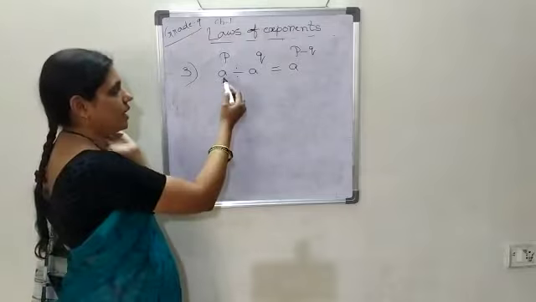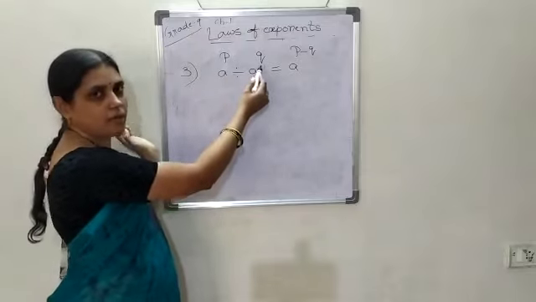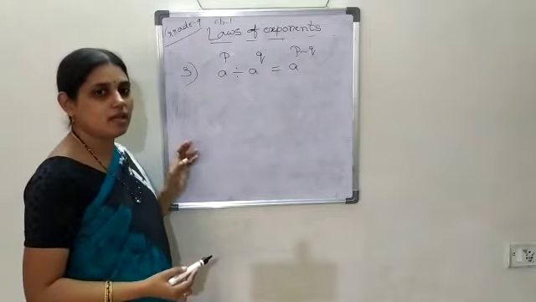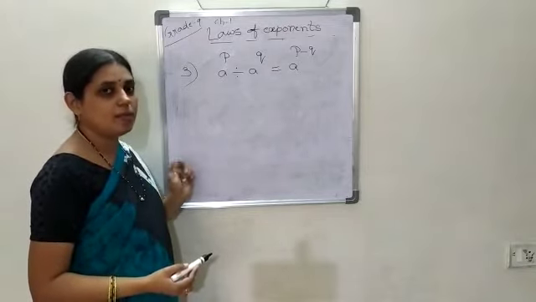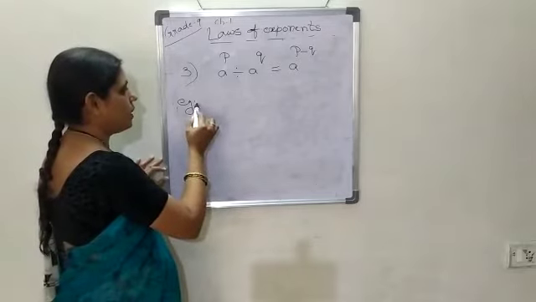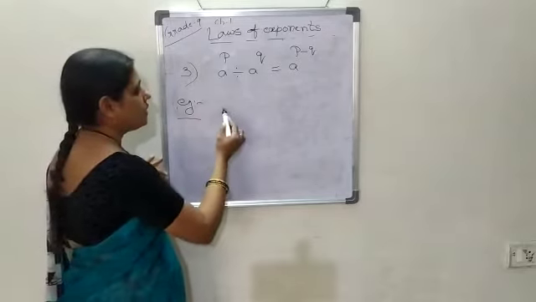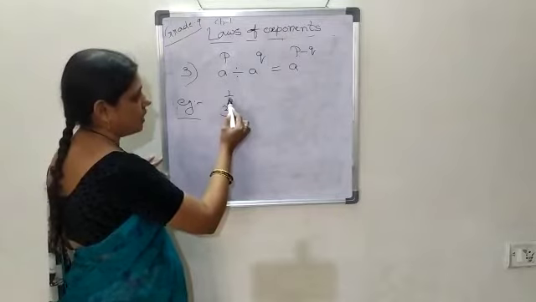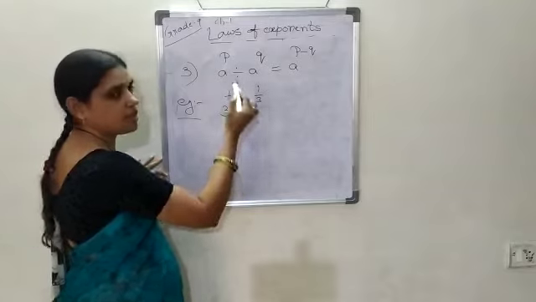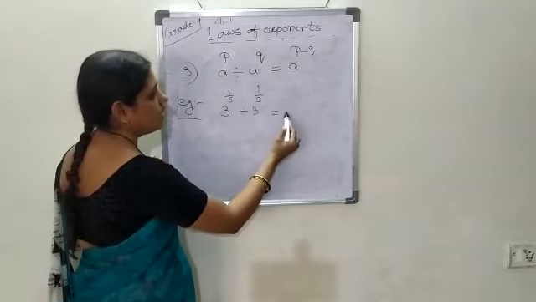Here a is any positive real number and p and q are any two rational numbers. Here we will take one example of how to simplify using this law: 3 power 1 by 5 divided by 3 power 1 by 3.